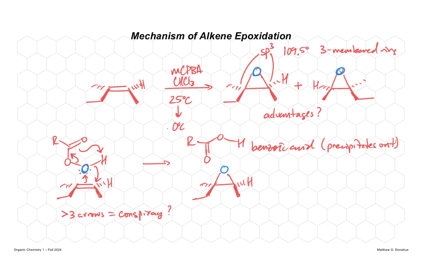So if we just think of it as like an equilateral triangle, the internal angles are now 60. And so there's a significant amount of strain in the ring. And so that makes the epoxide a reactive functional group that wants to open up.